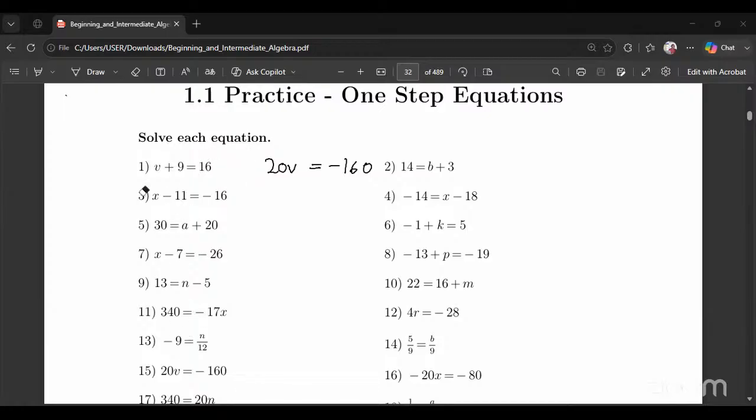So to get that, all I need to do is to divide through this equation by 20. So 20V divided by 20 gives me V is equal to negative 160 divided by 20. That would be negative 8.